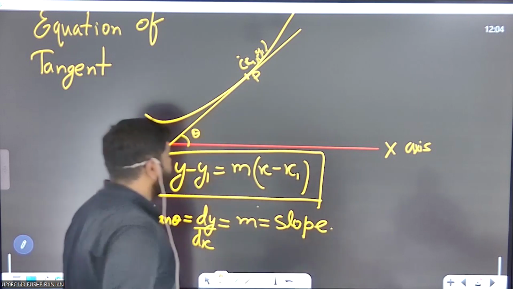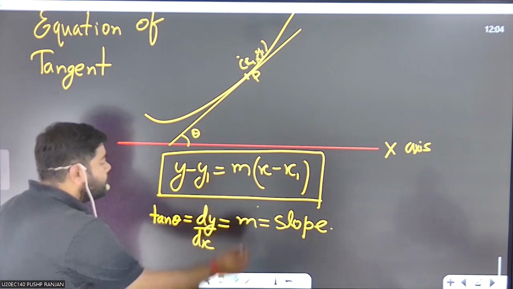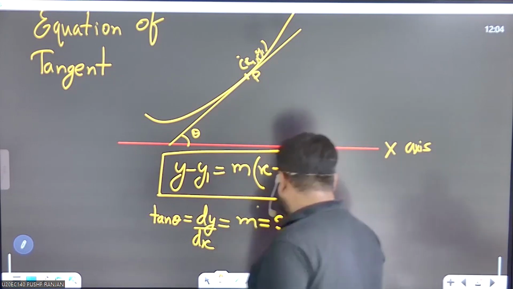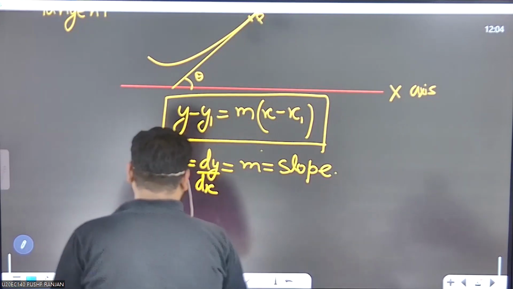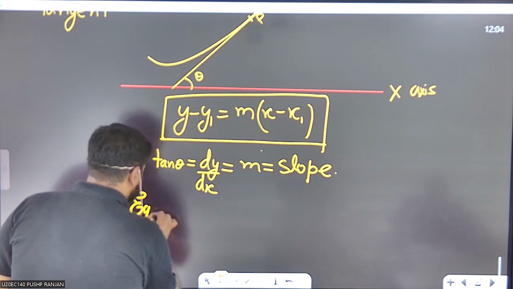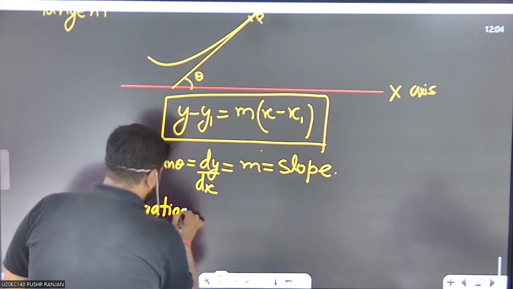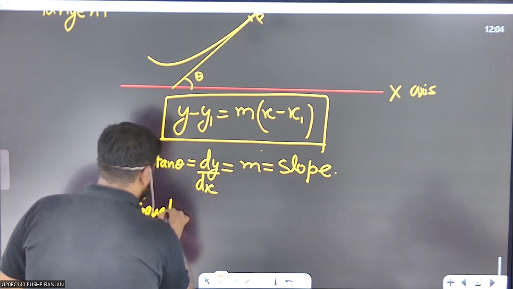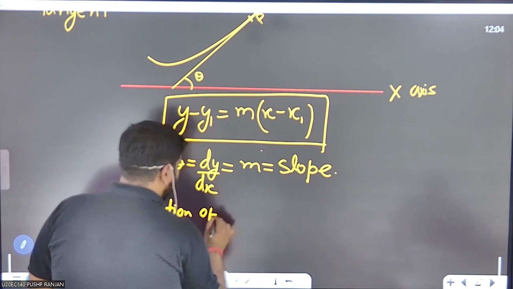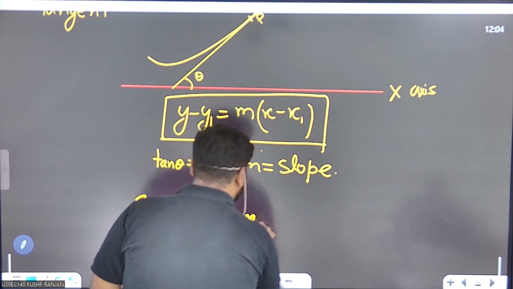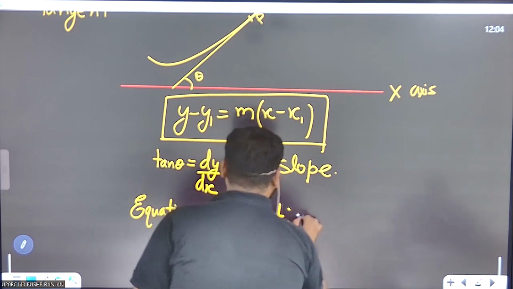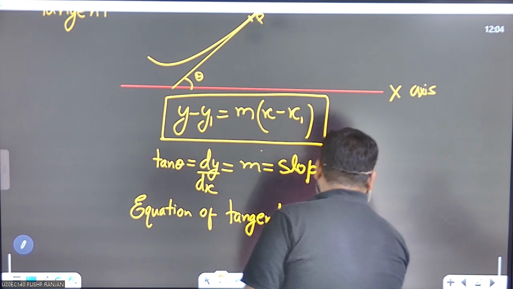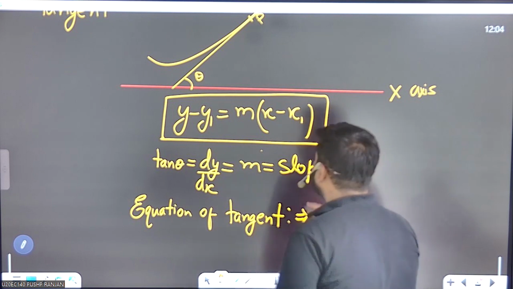And this is quite simple. We just have to substitute the value of m as dy by dx over there. Then what will be the equation of tangent? The equation of tangent is, we have to do nothing: y minus y1 equals, what is the value of m?